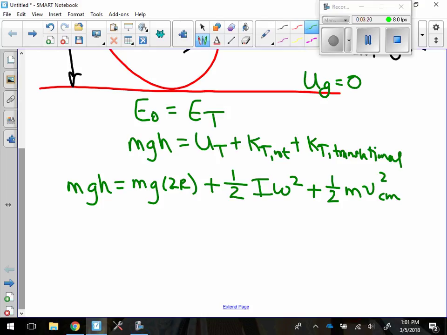I think this was where we got into trouble, because we hadn't done this. So I've got mgh is 2 mgr, plus the kinetic terms. But I have a little bit of a problem here, right? Because h is what I'm looking for, but I don't know what omega is. What am I going to do about omega?